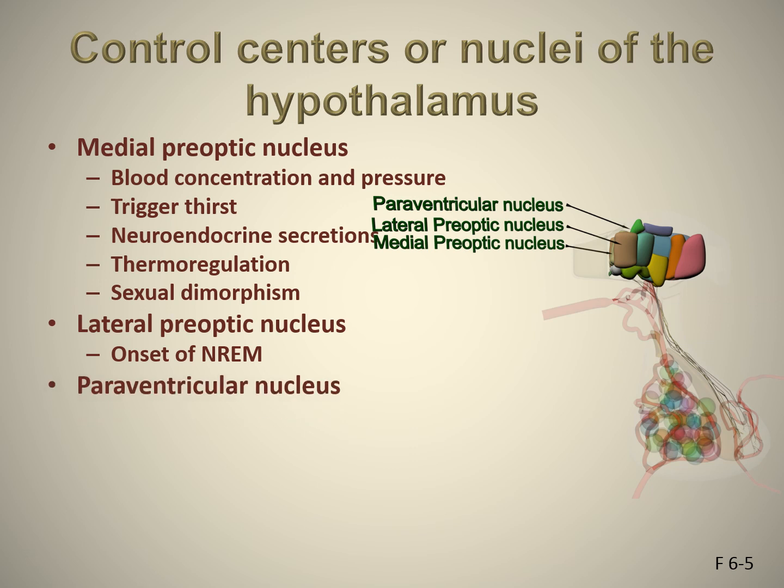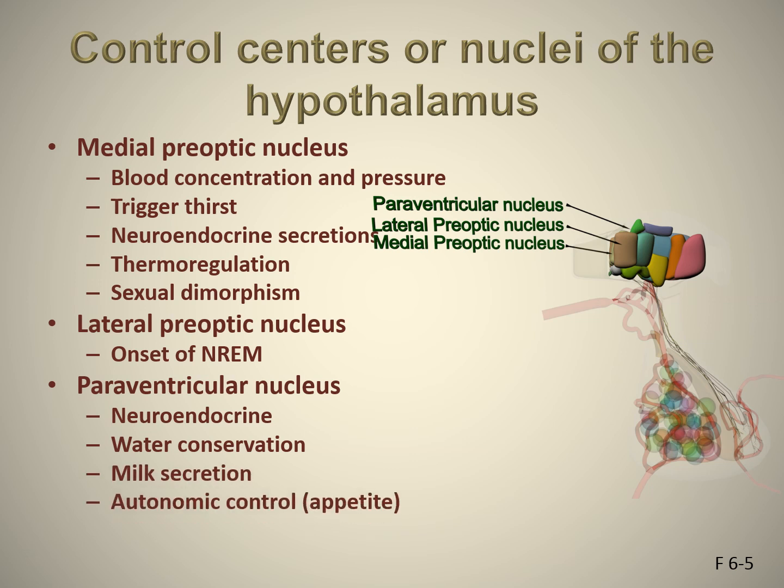The paraventricular nucleus has a neuroendocrine role, partially dedicated to water conservation through production of vasopressin, as well as oxytocin to regulate milk secretion. It also participates in the autonomic control of appetite and participates in stress management.